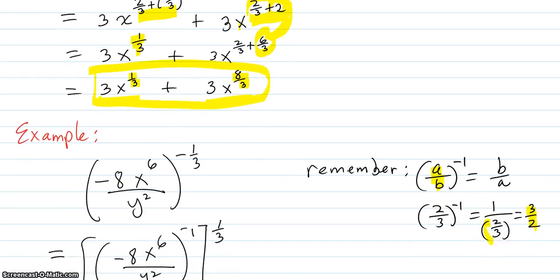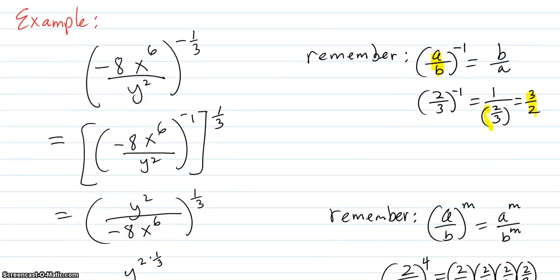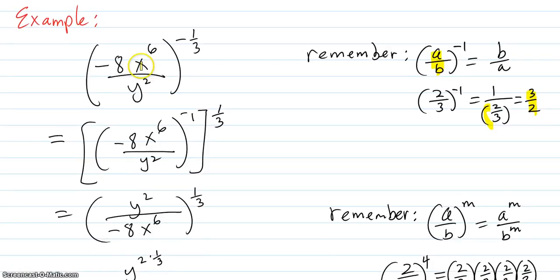Now let's work this one. Negative 8x to the 6 over y squared, to the negative 1/3. I think it's better to deal with a positive exponent. So I'm going to remind you of this. A over b to the negative 1 means the reciprocal. So you just turn this fraction upside down and you get b over a.